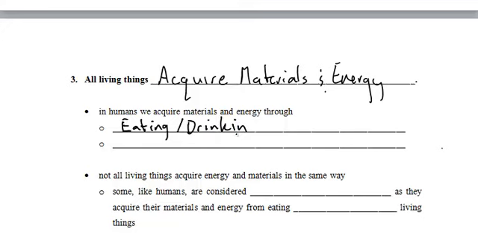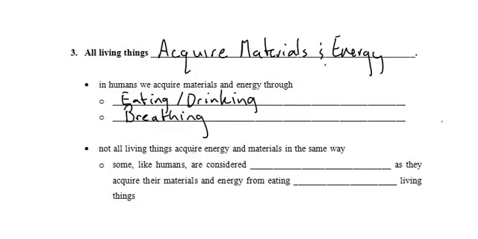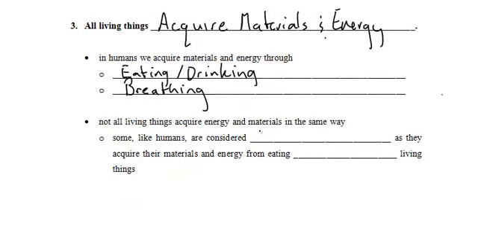And through breathing. But not all living things acquire energy and materials in the same way. Some, like humans, are considered what we call heterotrophs. Meaning that we acquire our materials and energy from eating other living things.